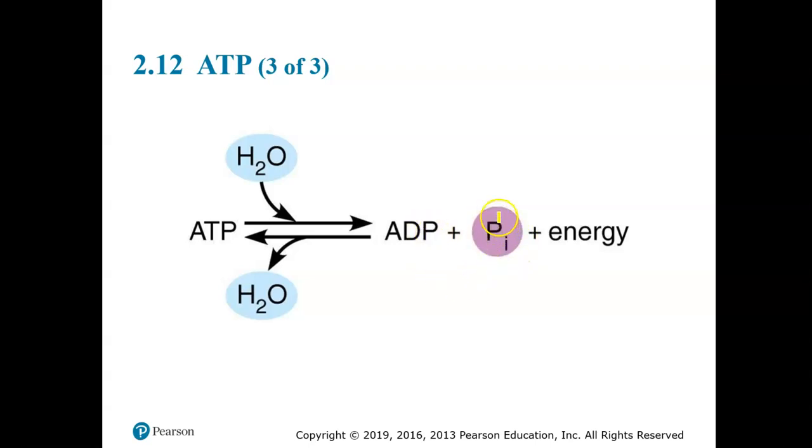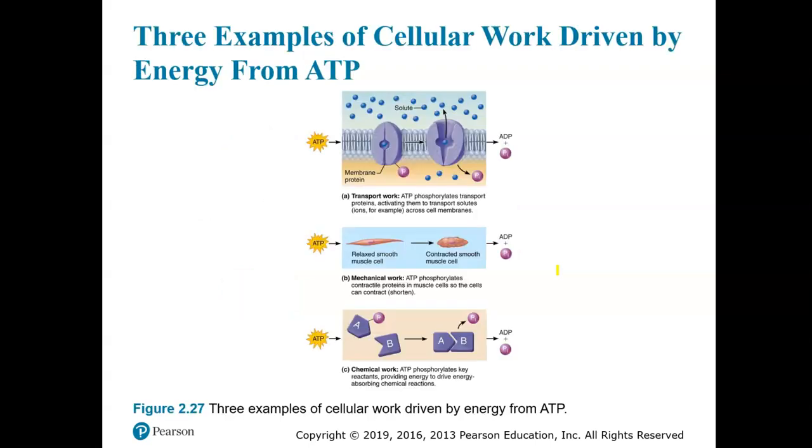One of those phosphate groups is given off. That's what this means here in the purple circle. When it releases a phosphate, it also releases energy. So basically, when ATP is broken down, we get energy from that. And that energy can be used to transport molecules across the plasma membrane, for muscle contractions, and for the work of certain chemical reactions that require energy.